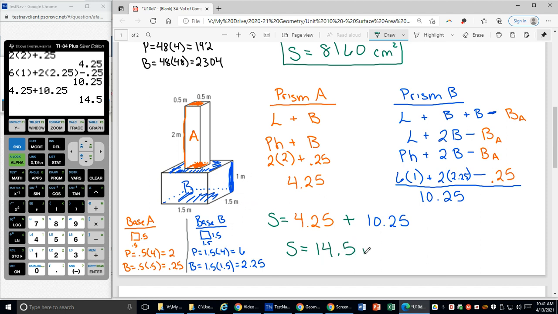My units here are meters, and since we're doing area, it's meters squared.